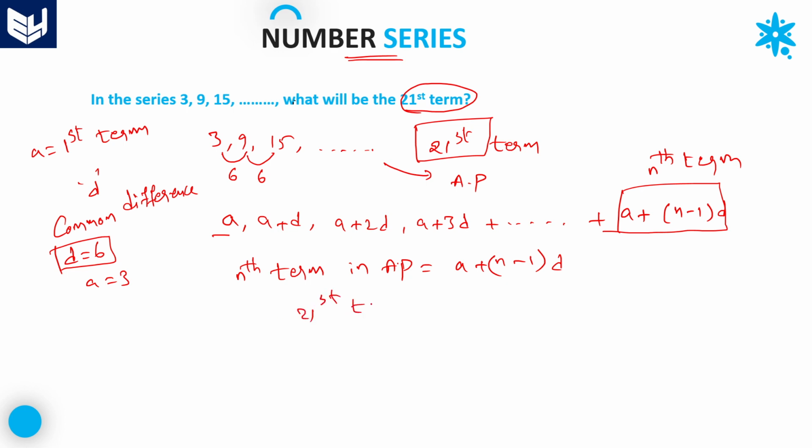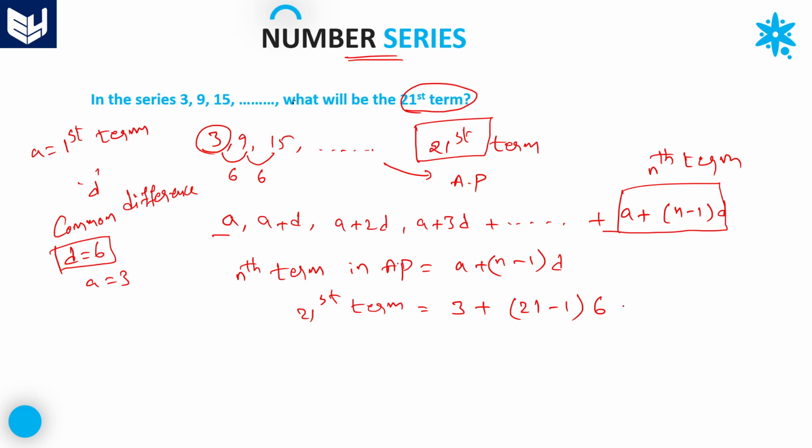We want the 21st term, which is equal to, the value of A is 3, the first term is 3, plus n minus 1, that is 21 minus 1, into D, which is 6, the common difference value.